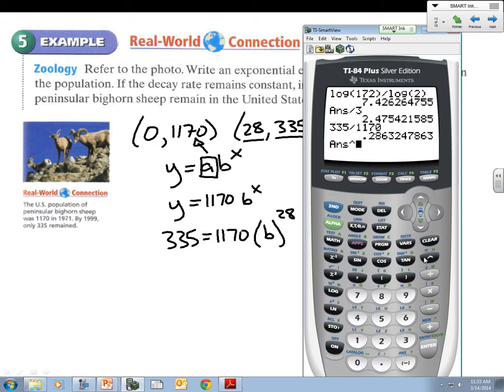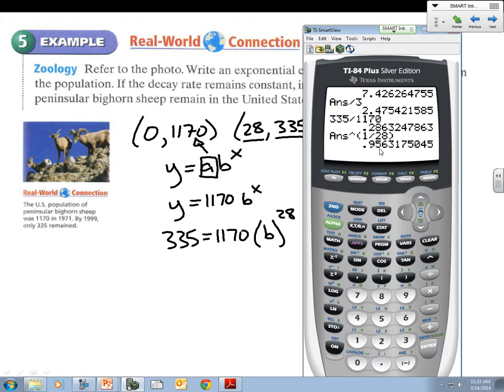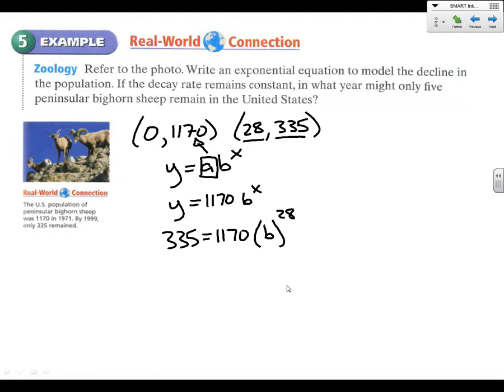And then we're going to take the 28th root of that, so 1 over 28. Okay, so 0.956 is our B. So there's our model, y equals 1170 times 0.956 to the x. You'll remember that 0.956 means we're losing about 4% a year, 4.2% per year.